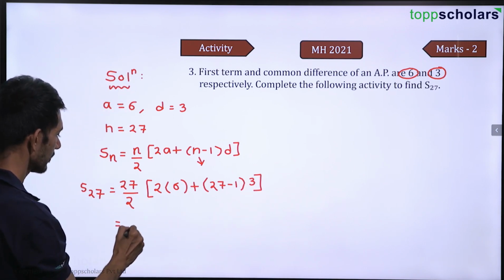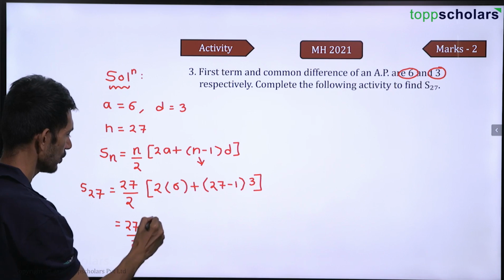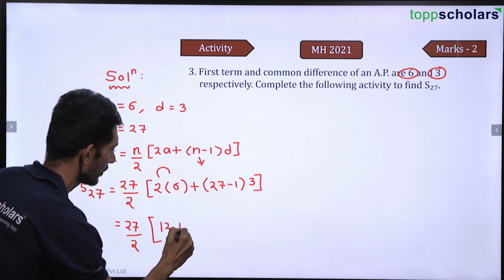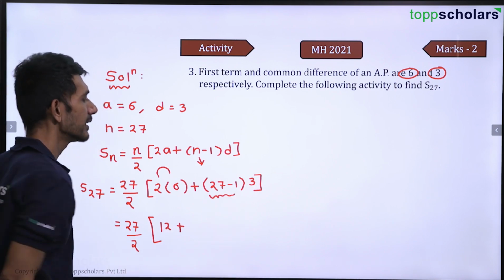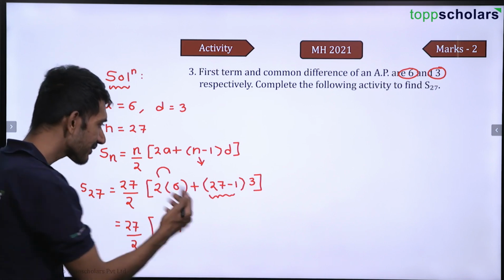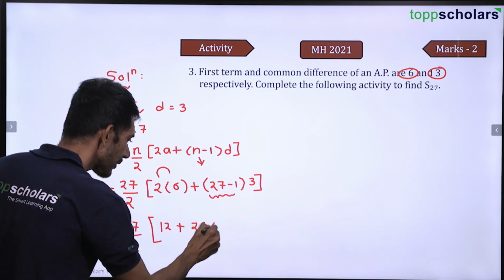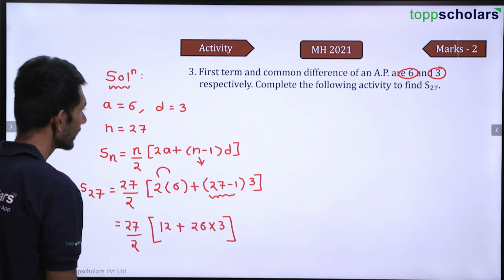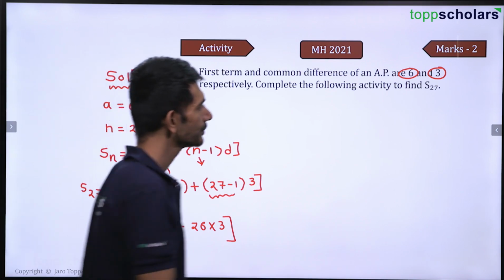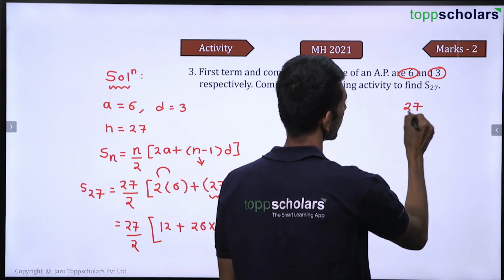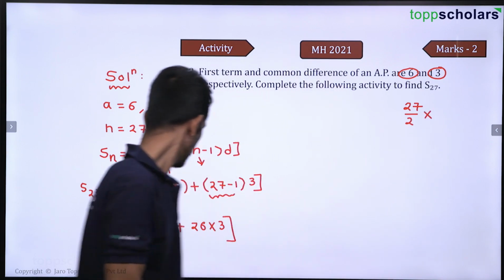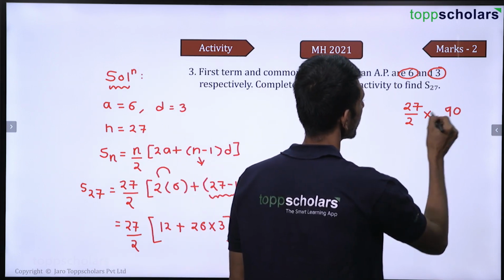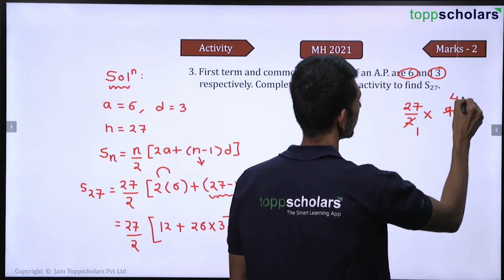So that becomes 27 by 2 into 6 twos are 12 plus 27 minus 1 is 26, 26 into 3 is 78, and this gives you 12, right? So 27 by 2 into 12 plus 78, which is 90. 2 ones are 2, 45s are.